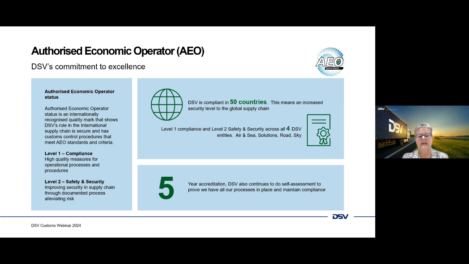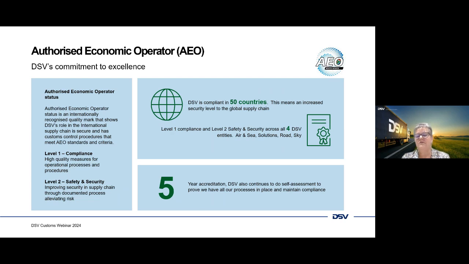So the first one is the Authorized Economic Operator. What is it? In short, it is the AEO. So what is the AEO? It's an internationally recognized quality mark that shows the operator's role in the international supply chain is secure and has customs control procedures that meet AEO standards and criteria.